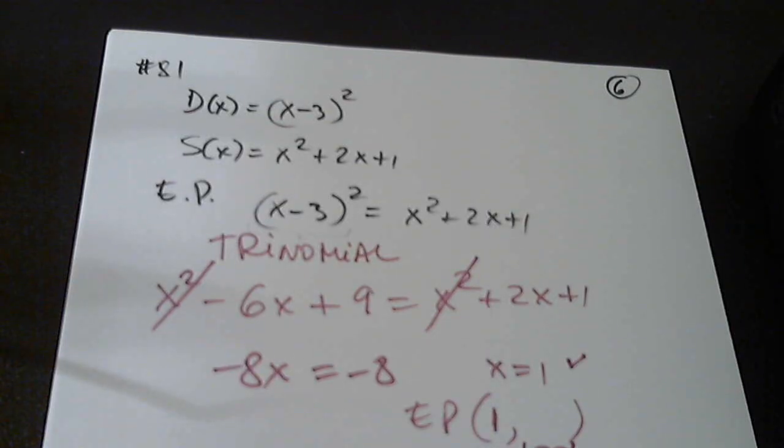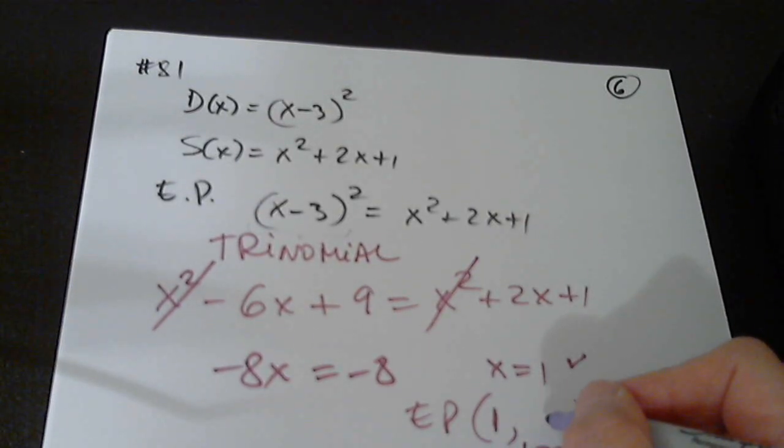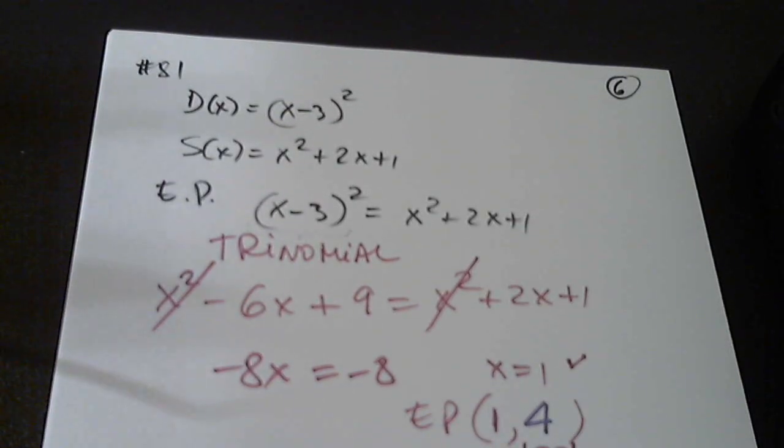Negative 2. How much is negative 2 squared? 4. That's it. So we determined the equilibrium point. For these two functions, the equilibrium point is (1, 4).